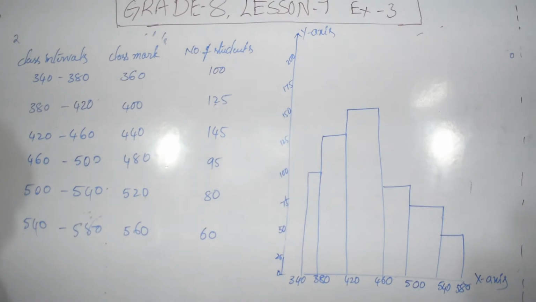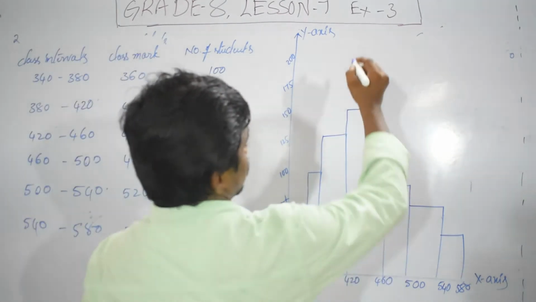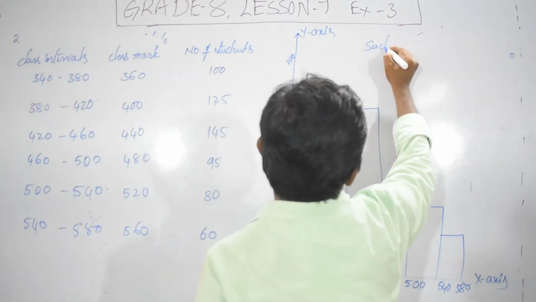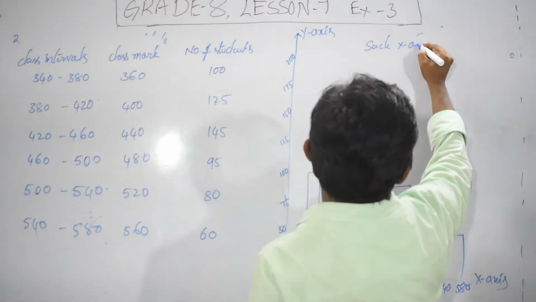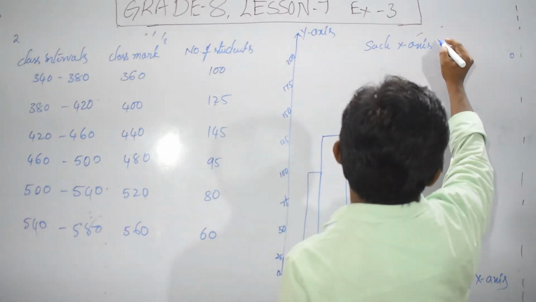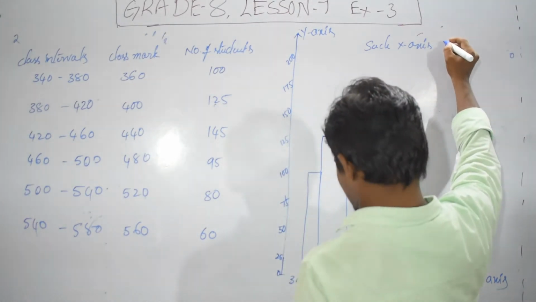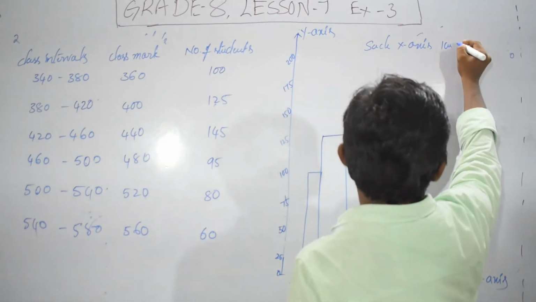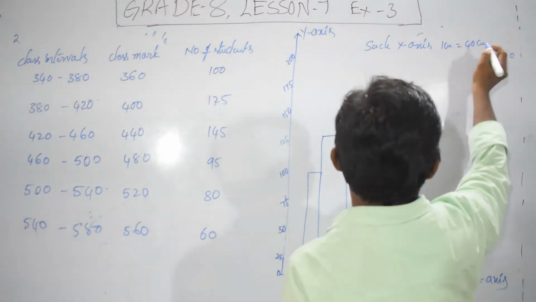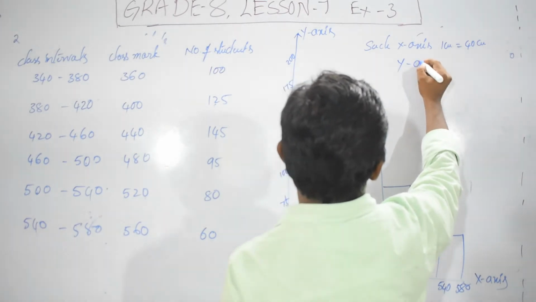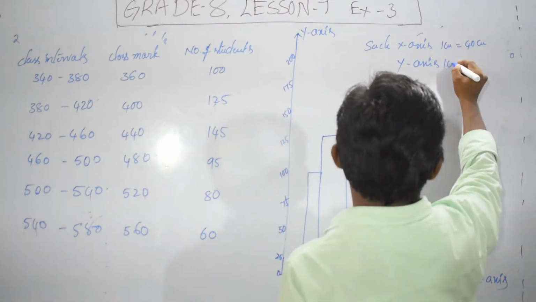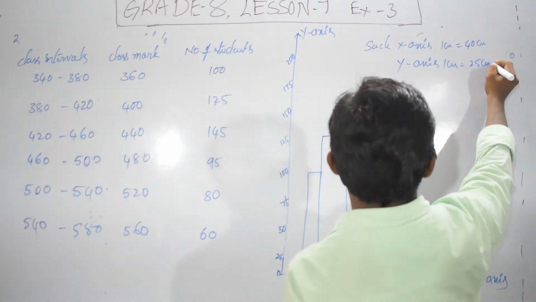Second problem. Right. So scale: on the x-axis 1 centimeter equals 40, on the y-axis 1 centimeter equals 25.